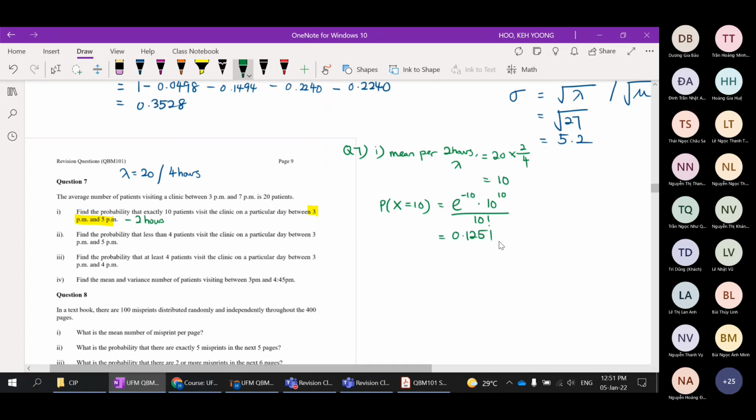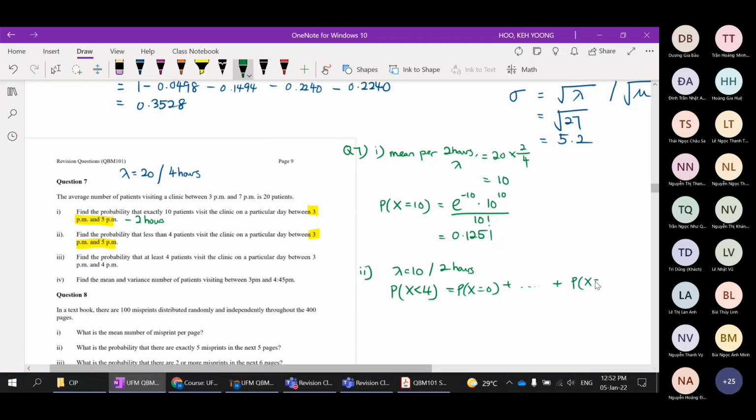Question 2. Between 3 and 5 p.m. again. So you can use the same lambda, 10 for 2 hours. For this question, less than 4, you want to find x less than 4. So add up from 0, 1, 2, and 3.